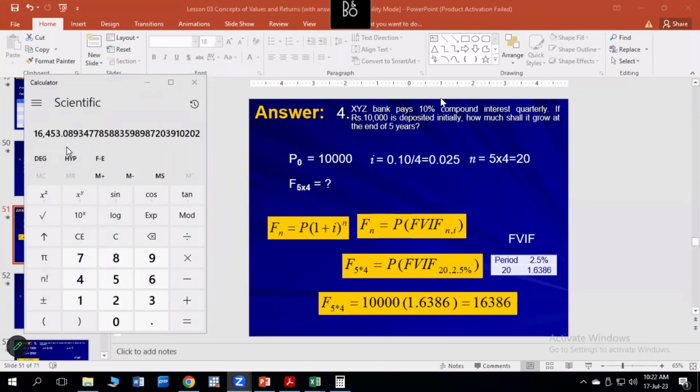When it is compounded continuously, you can get more values. So continuous valuation gives more results.